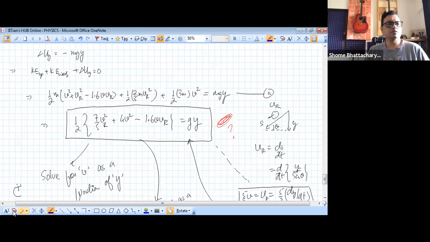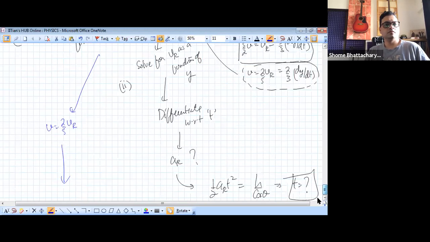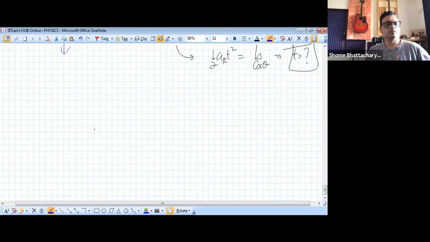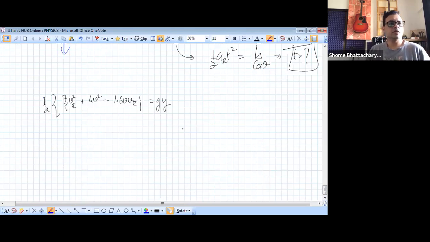So I'm just going to pick this equation out. It's too much to copy paste. Okay, so in this now I'll substitute v is equal to 2 by 5 v relative.